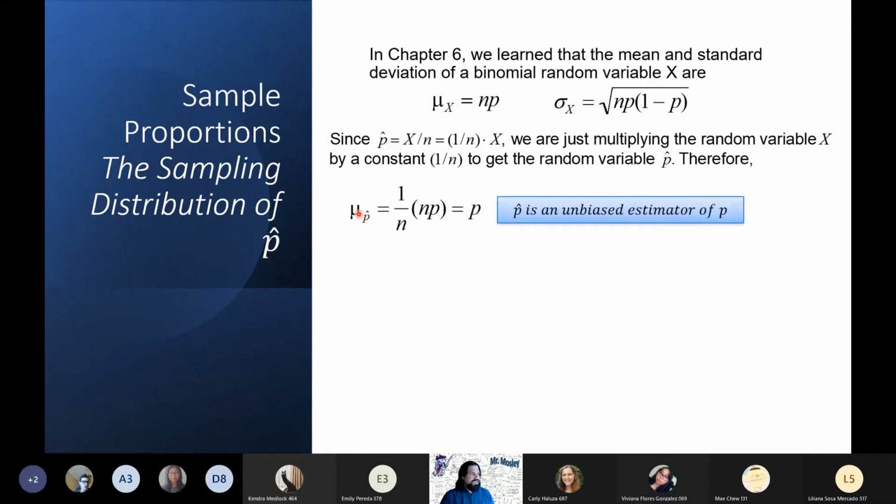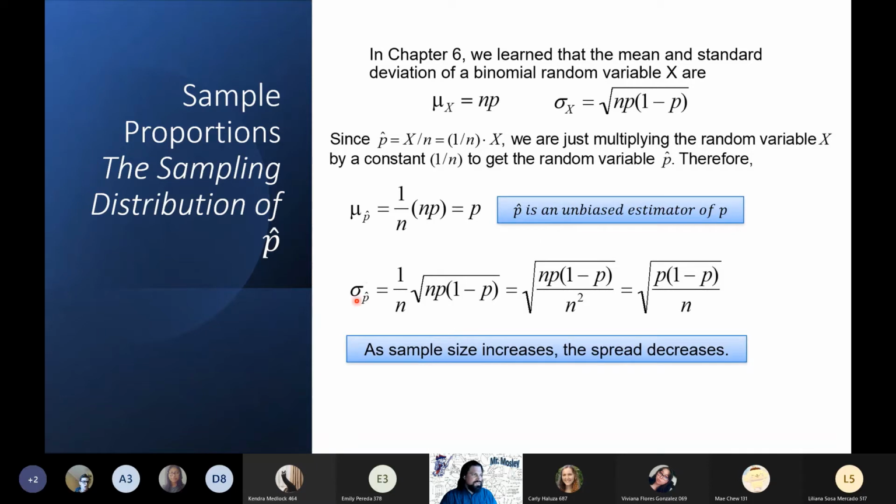This is good news. So we get that the mean of p hat is equal to 1 over n times n times p, which is just equal to p, right? The n's cancel. So p hat is an unbiased estimator of p. The sample proportion is an unbiased estimator of the population proportion.